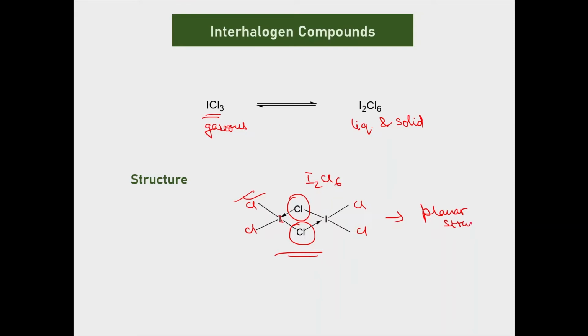Each of the iodines has a coordination number of 4 as they are coordinated to 4 chlorines. So this I2Cl6 has a square planar structure.